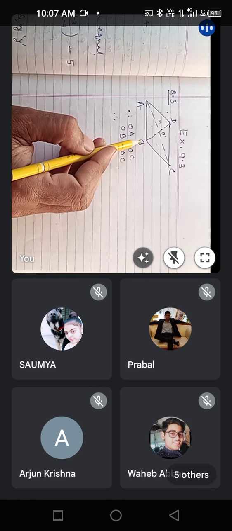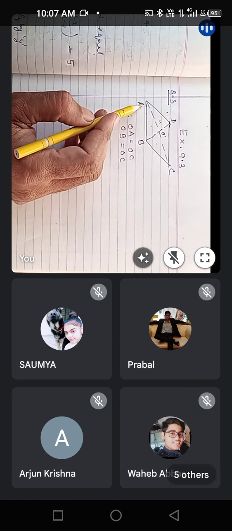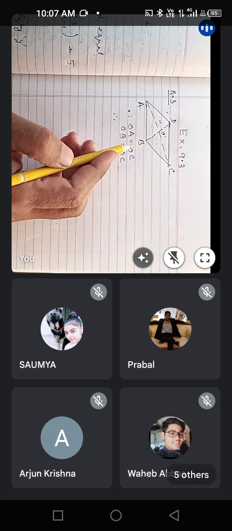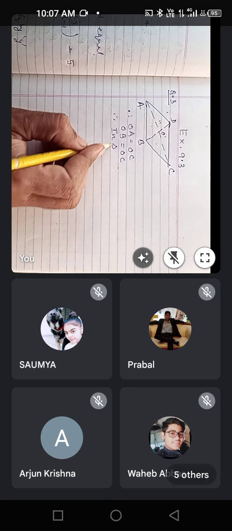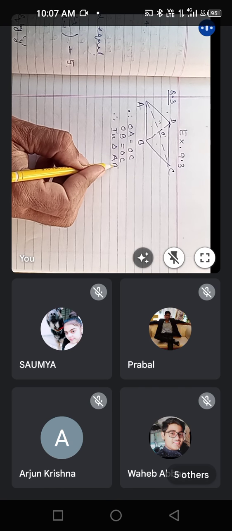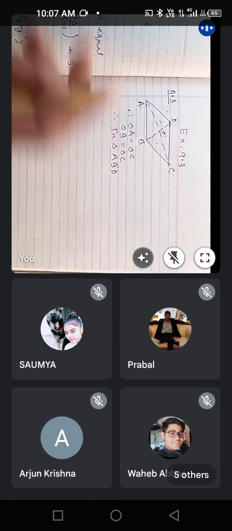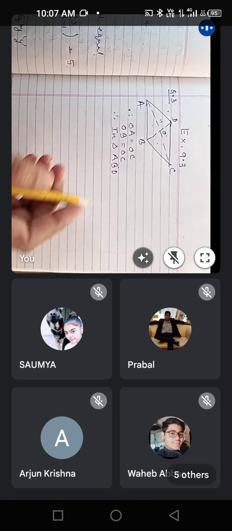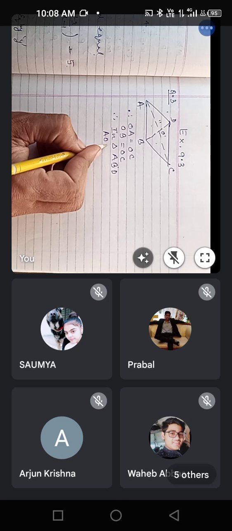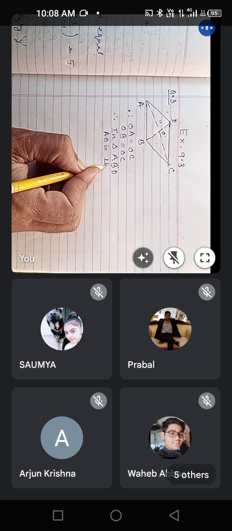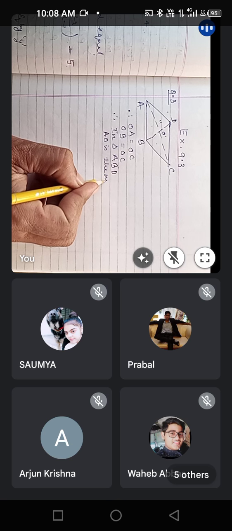Therefore, in triangle ABD, you see, a simple point, AO is the median.